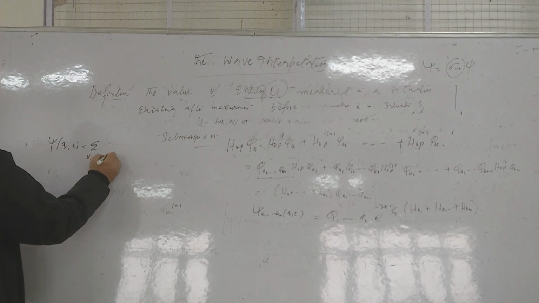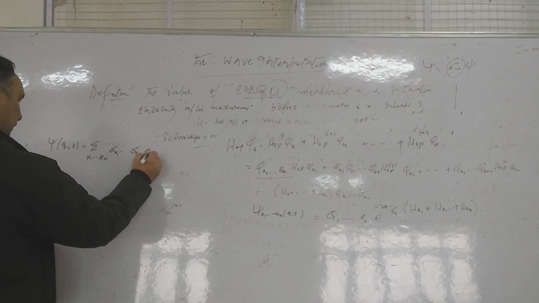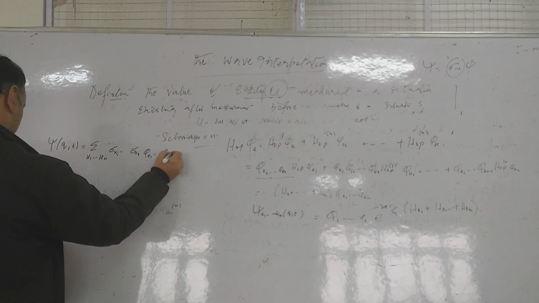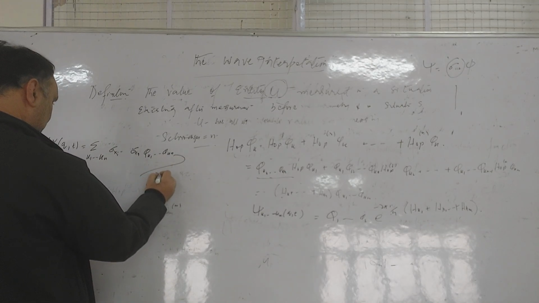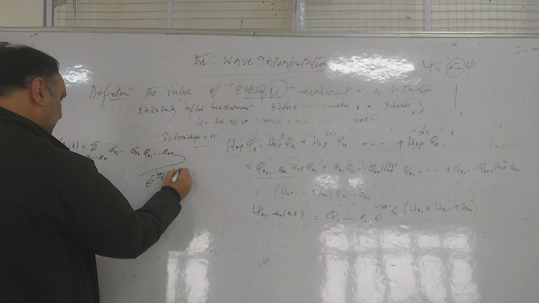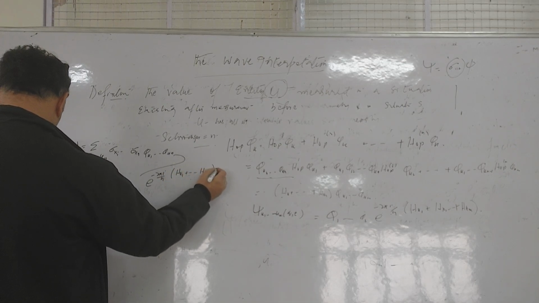K1, Kn, sigma 1, sigma K1, sigma Kn, phi K1, phi Kn. So here we can have e to the power minus 2 pi over h, hk1, hkn, t.